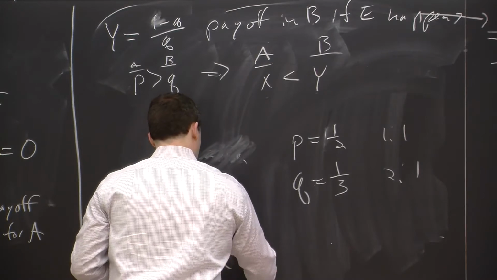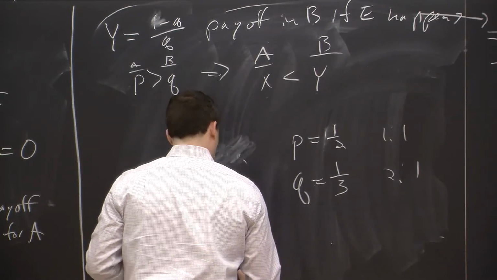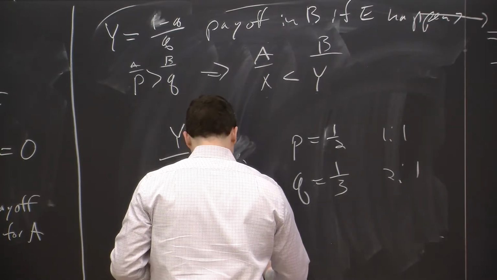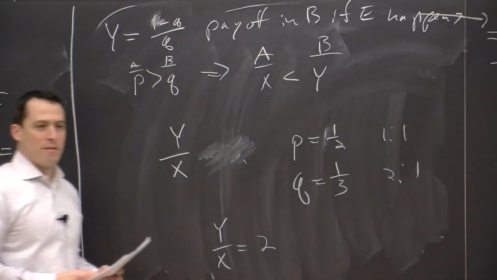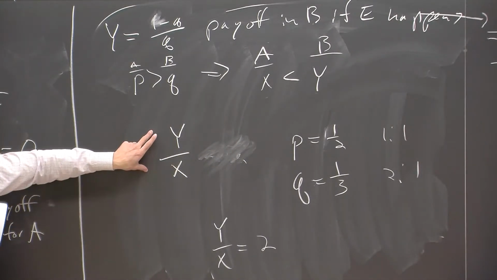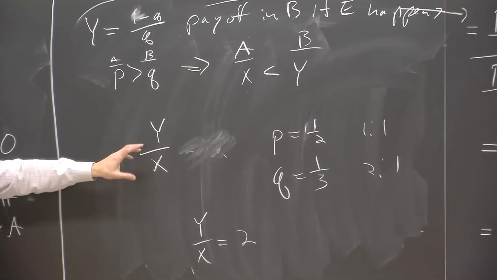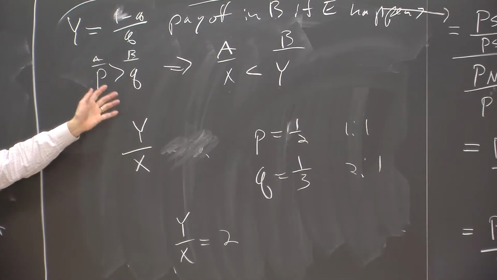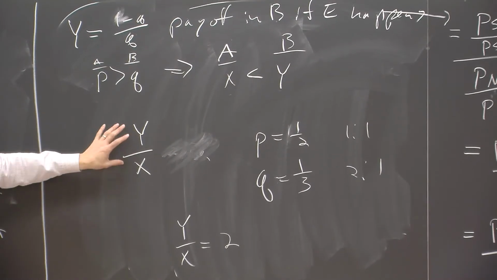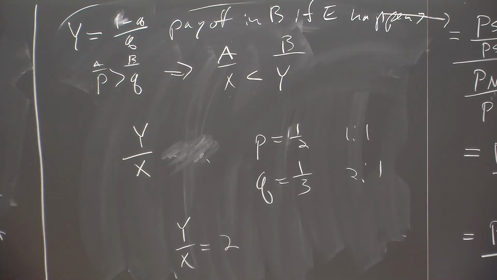Y over X is going to be 2. So for every $1 I invest, if E happens, I get $2. I double my money. If E does not happen, nothing happens; my bets wash out. So that's one way to think about what odds ratios mean.